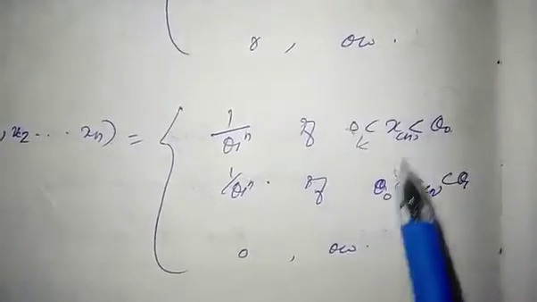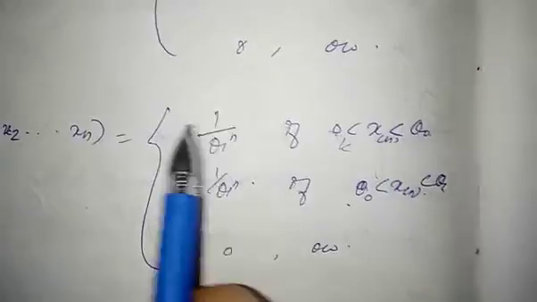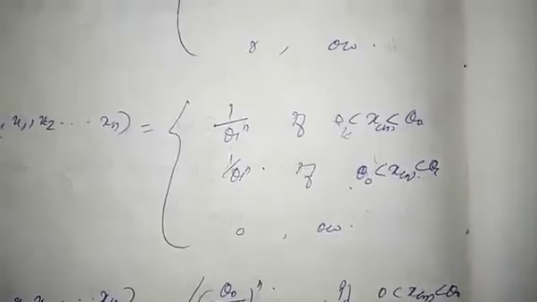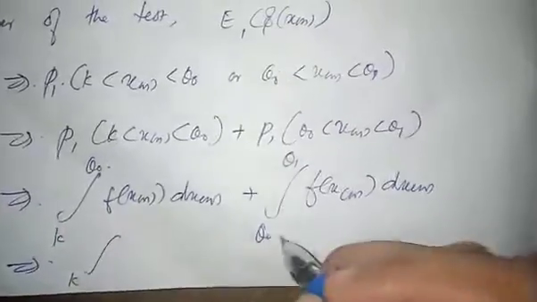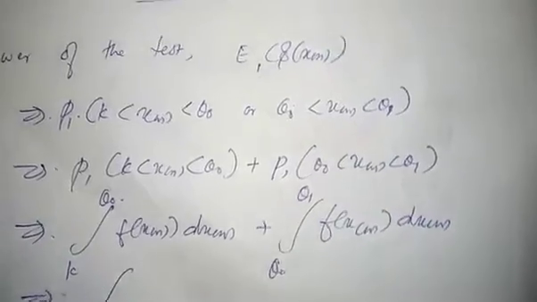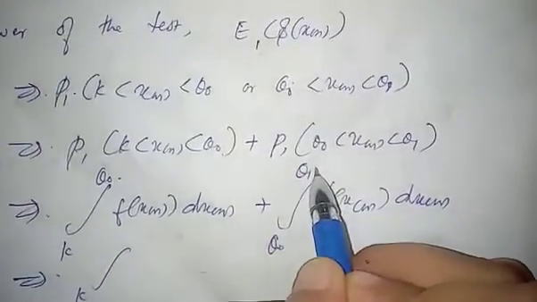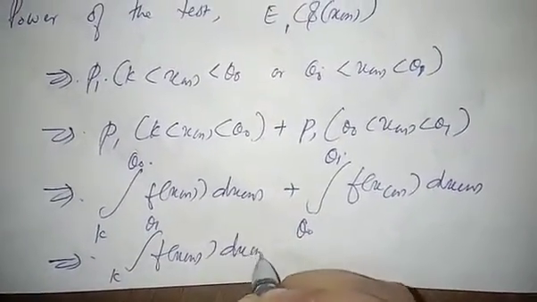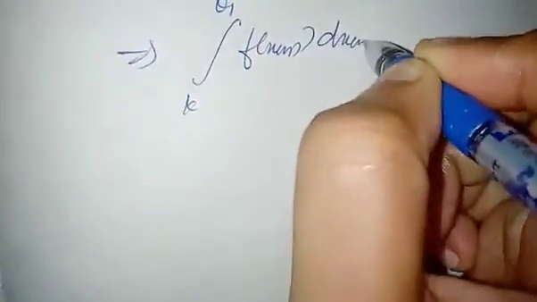The ranges k to theta naught and theta naught to theta 1 have the same density, so we can write the range together: the integral over k to theta naught plus theta naught to theta 1, and since their values are the same, we can write k to theta 1, the integral from k to theta 1 of f of xn dxn.